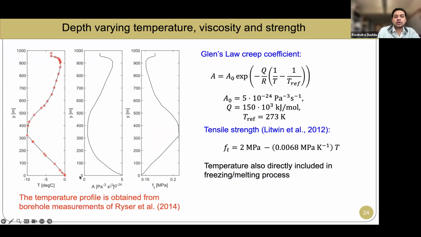And then we also took some borehole data measurements from another paper for a nearby region. We got the Glen's exponent for the creep coefficient. We got activation coefficients from some other reference. And then we also said that the tensile stress of glacier, or strength of the ice, is also dependent on temperature. So we got some empirical data for that.